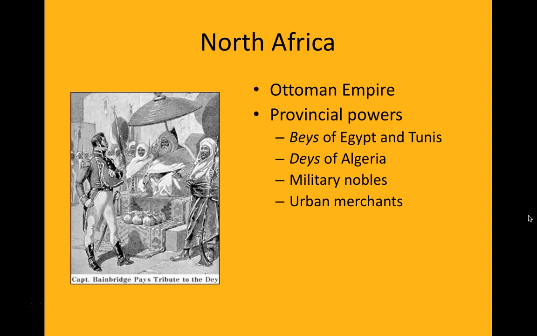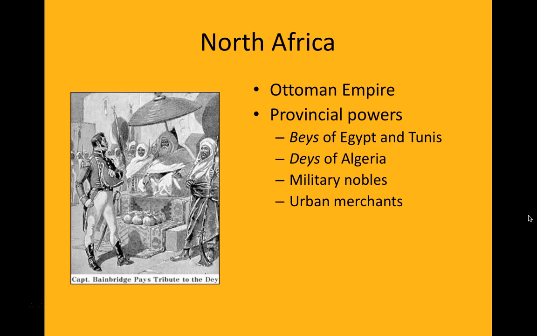There was a great deal of piracy that came out of these provincial places, supported by the beys and deys who got a cut, in some cases, of the loot that the pirates were able to procure. This is one of the things, by the way, that led to the creation of the United States Navy.